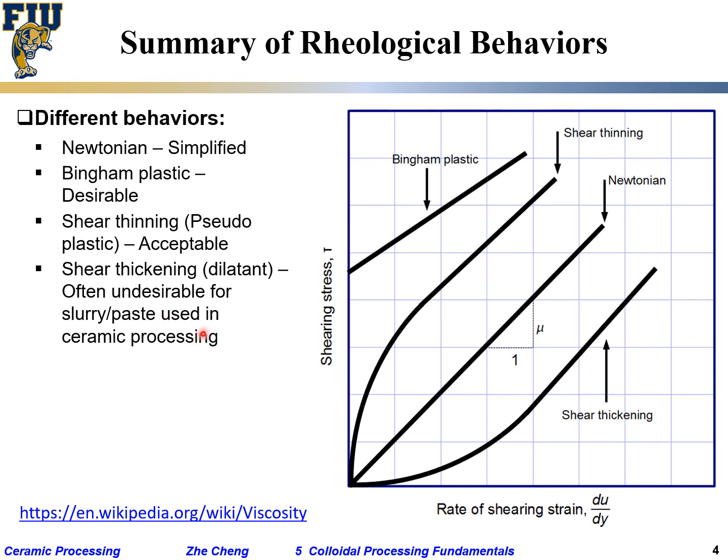Shear thickening. Often undesirable for ceramic processing, but for some special conditions, you may see this. When you apply shearing stress, it doesn't really flow. But this is not exactly what you want under normal conditions. But for special cases, people do add some shear thickening agent into the paste.